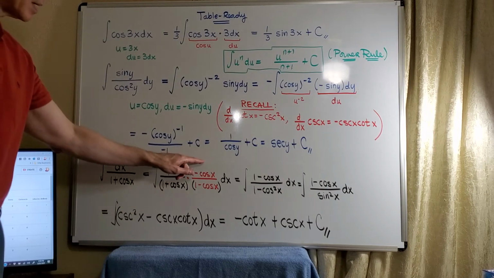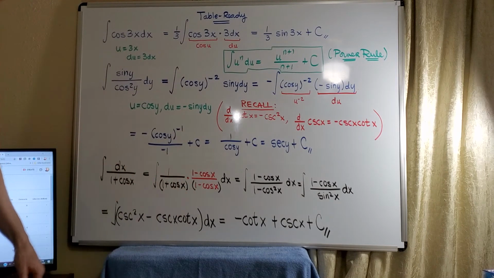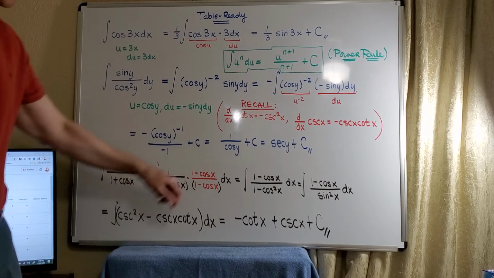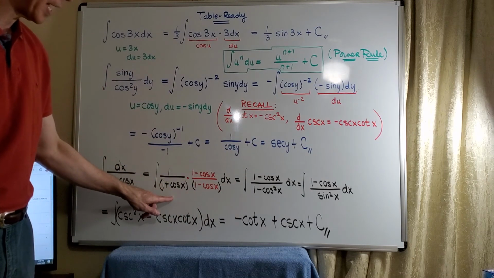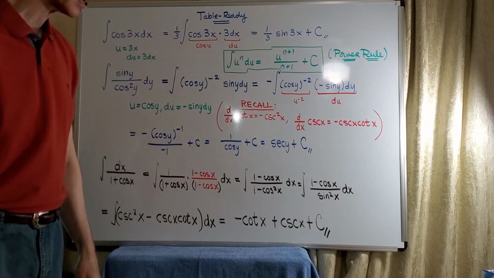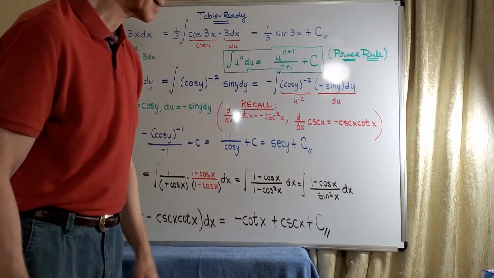So when we do the conjugate method here, multiplying and dividing by 1 minus cosine x, which is the conjugate of 1 plus cosine x, upstairs we just get the 1 minus cosine x, and downstairs we have the difference of two squares, which gives us 1 minus cosine squared x. But that's just the fundamental identity from trigonometry, which is sine squared.